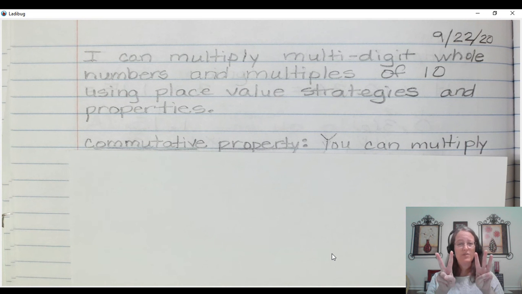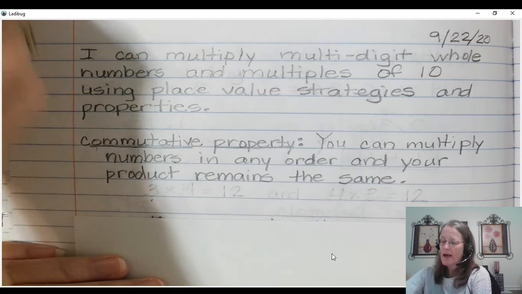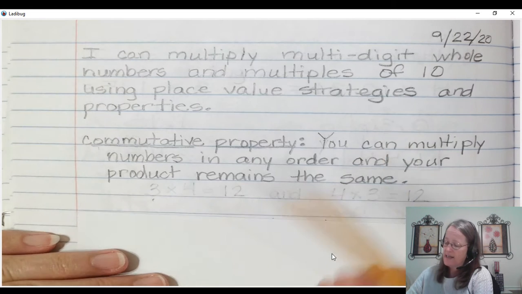Well, because of the commutative property, those two factors can commute, they can switch places. 3 times 2 is still 6. So the commutative property tells me that I can multiply numbers in any order and the product will remain the same. So I do want to write an example of that.